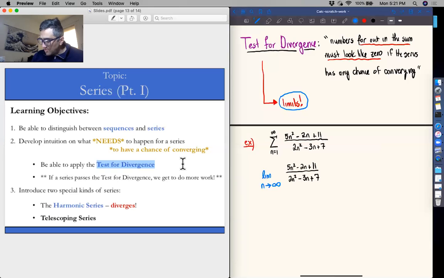Well, as n goes to infinity, this numerator looks like it's going off towards infinity. And when n goes towards infinity, this denominator also looks like it's going off towards infinity. So we have this indeterminate form, which tells us to do some L'Hopital's rule.